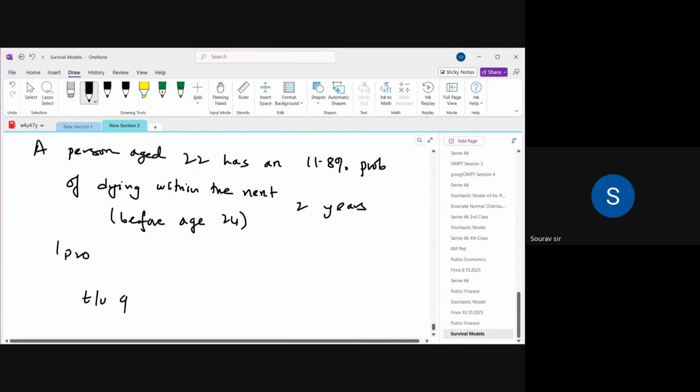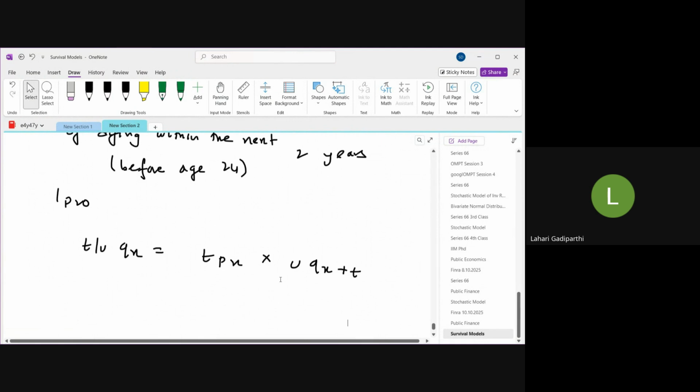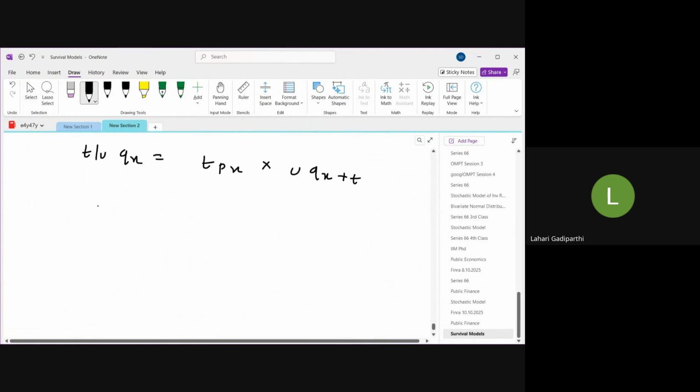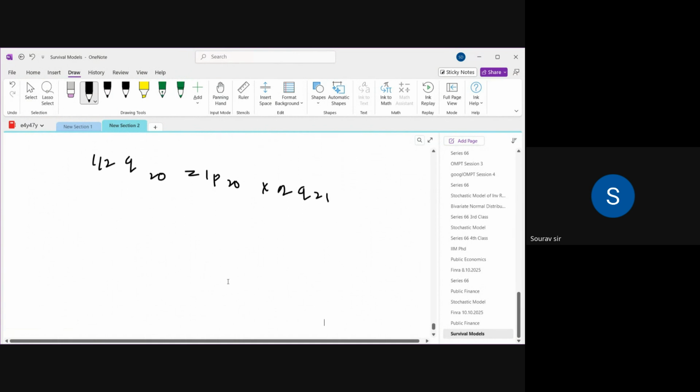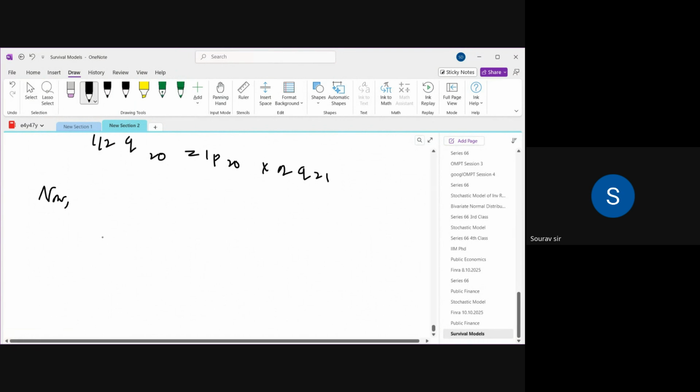Similarly, for 20. So the definition was what I told you: tpx multiplied by q(x+t). So it's 1p20 times q21, and 0.950.